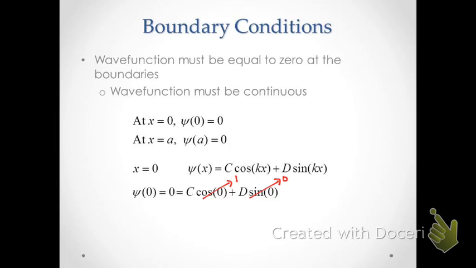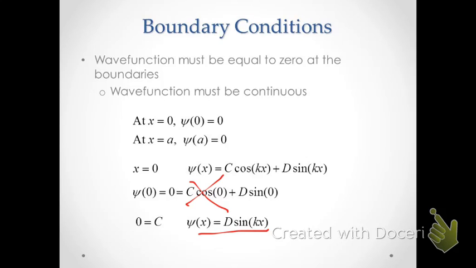So the first term becomes c times 1, and the second term becomes d times 0, which is equal to 0. Since psi of 0 must be equal to 0, the coefficient c itself must be equal to 0. So we can eliminate that term, and we're left with just the sine term, so that psi of x is now equal to the coefficient d times the sine of kx.